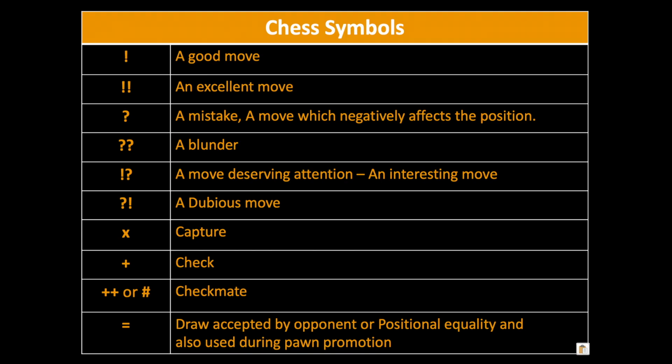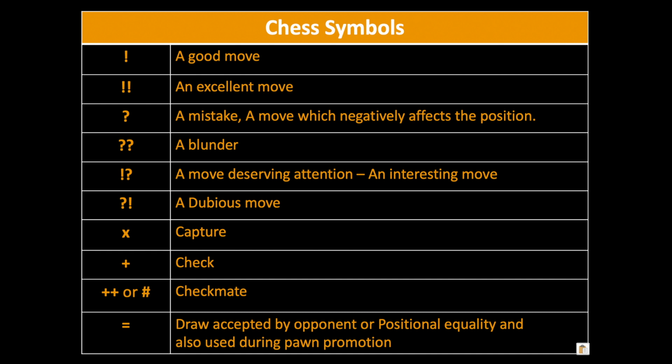There are other symbols used in chess which we will be using while playing and analyzing the games. You can find some of the symbols here. The common symbols for evaluating the merits of a move. A single exclamation represents a good move, whereas a double exclamation represents an excellent move.